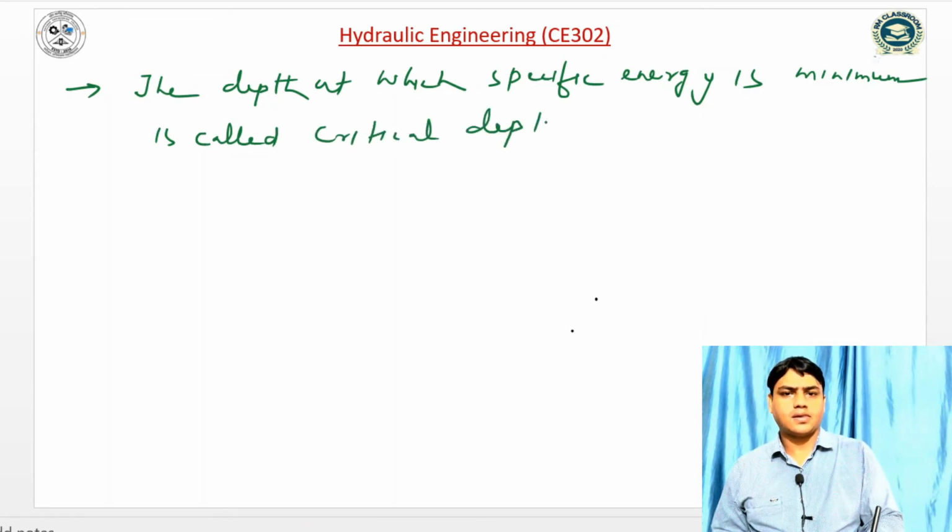Critical depth. So now I am going to derive the expression for the critical flow.